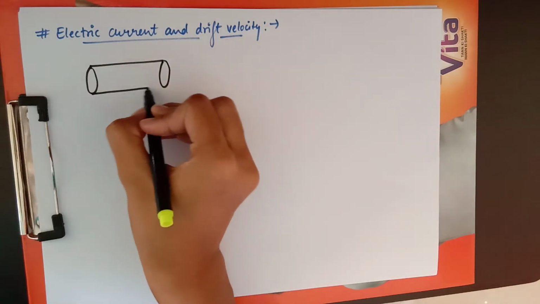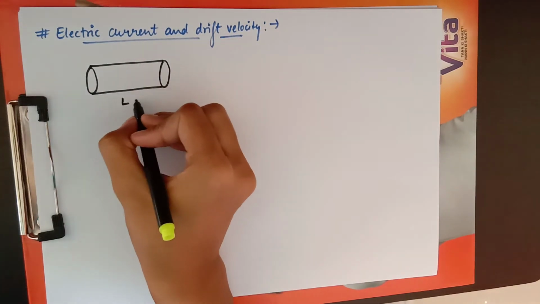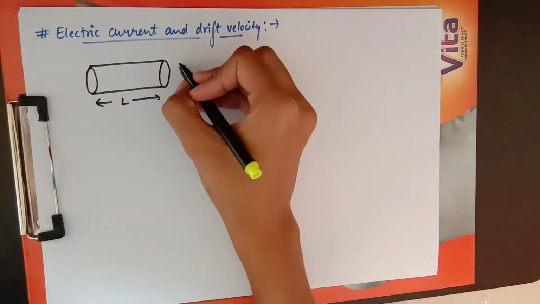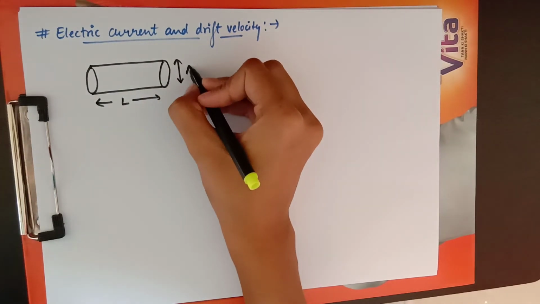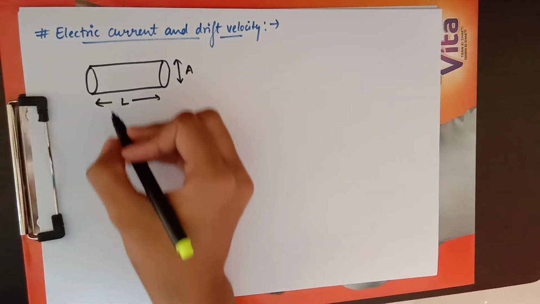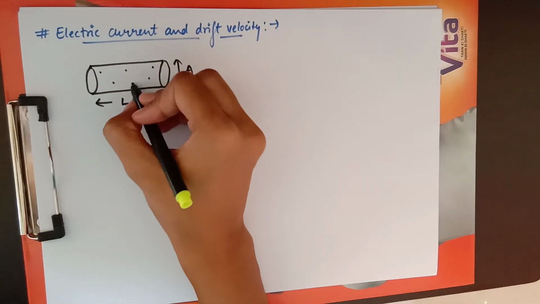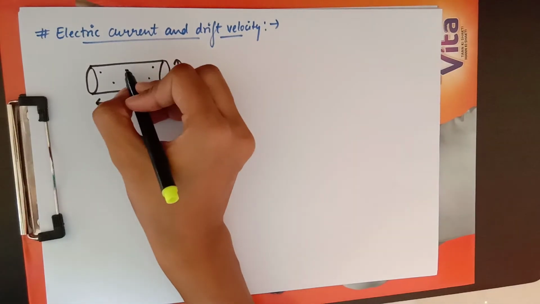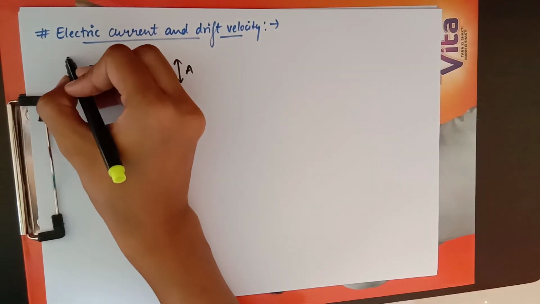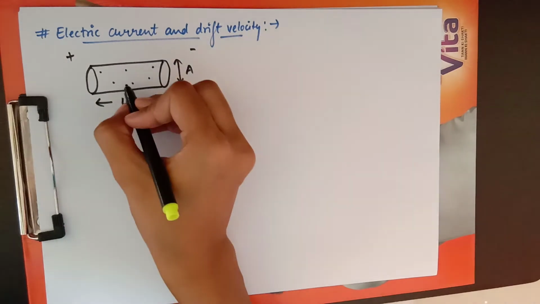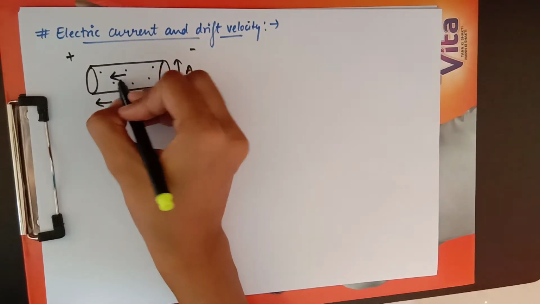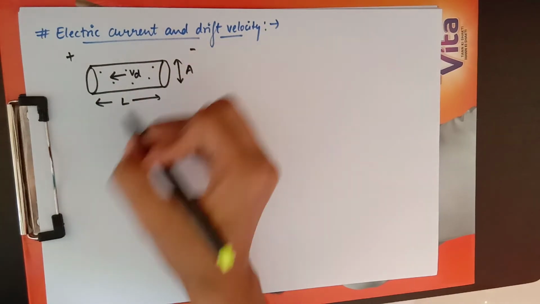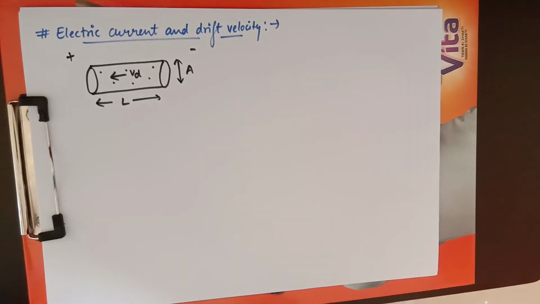This is your conductor having a length L and area of cross section A. As this is a conductor, there would be n number of free electrons, and if I apply a potential difference, it will have some drift velocity, and drift velocity I show by the letter vd.